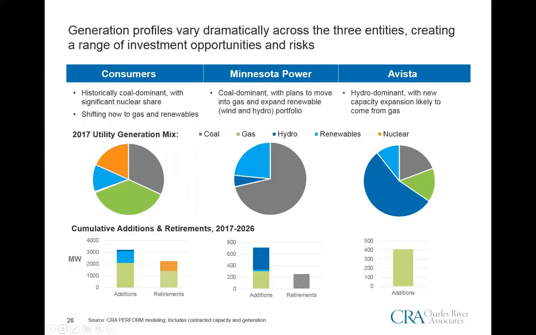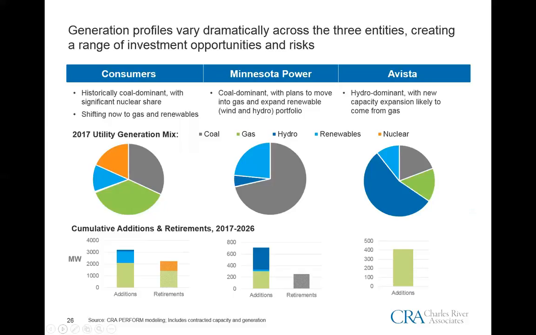Consumers historically has been among the more diverse utilities in the fleet here, or in the subset that we looked at at least. Historically it was quite coal dominant, but it went through a major coal retirement program that ended last year to take their share of coal generation down below 30% or so, and has a significant nuclear contract that has made up a good portion of their generation historically.